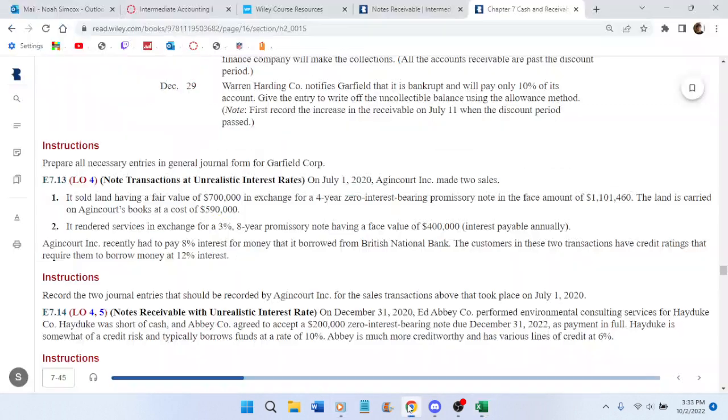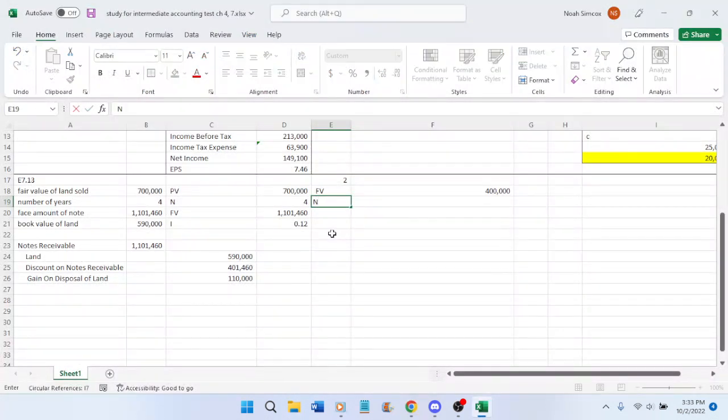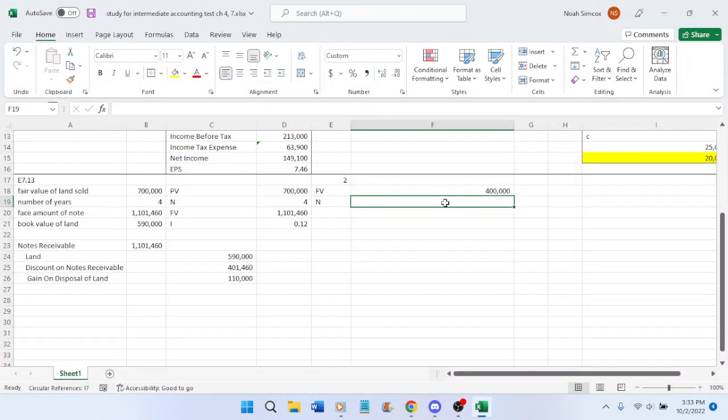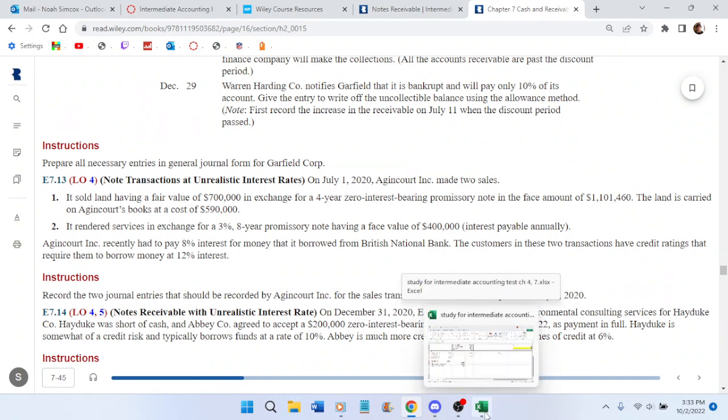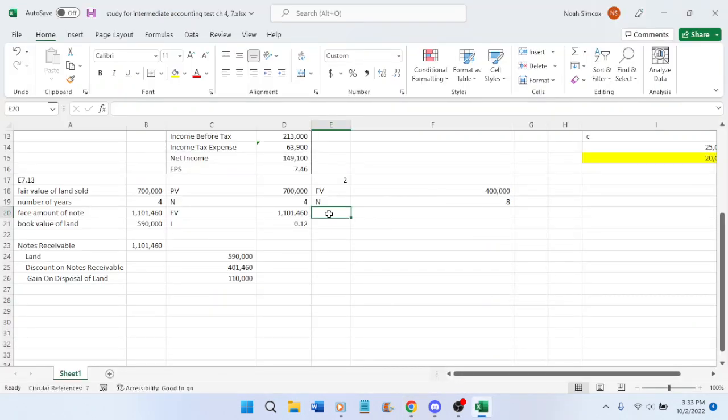What is number of years? 8. We are now going to use their 12% interest rate, because that's what is required.